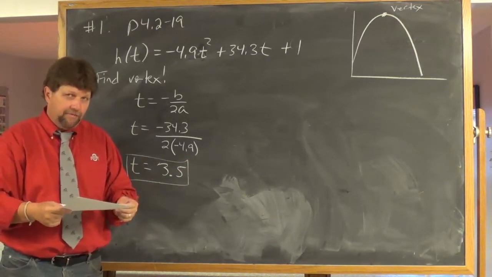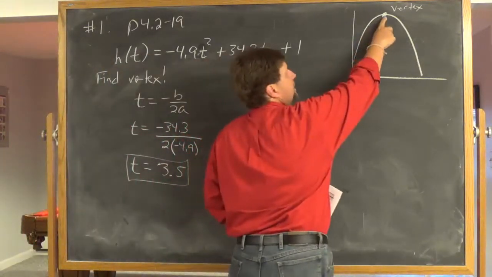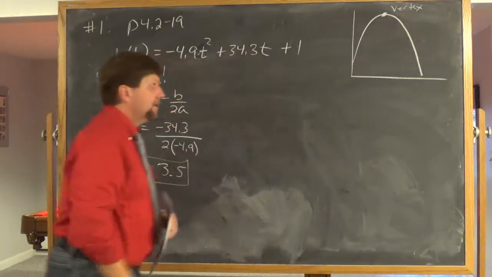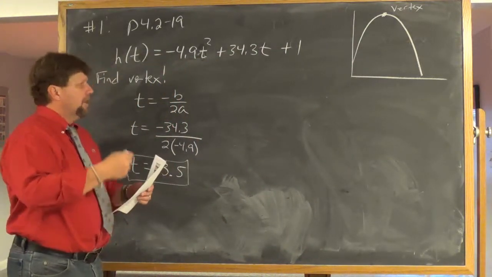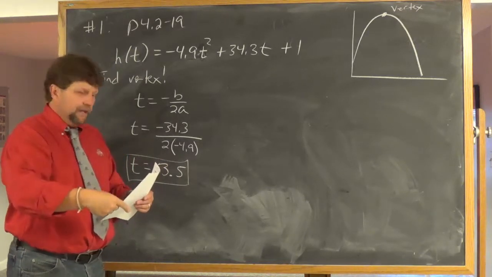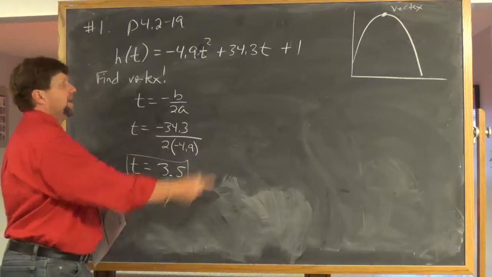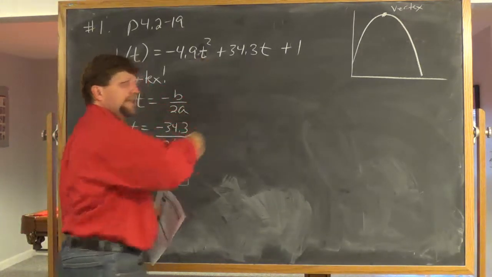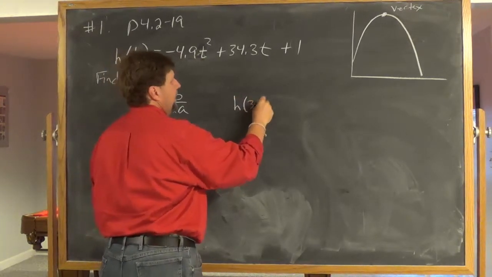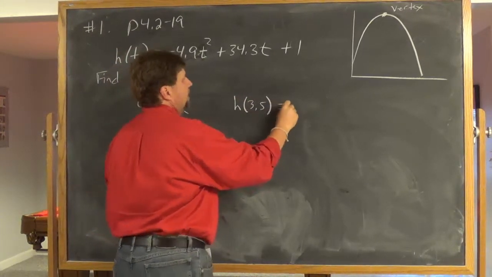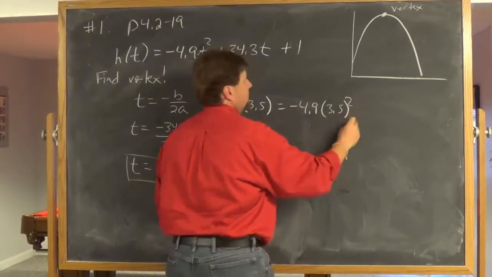It's going to be 3.5 seconds. That's what the t coordinate of the vertex is. So how do we get the y coordinate of the vertex? Just like we did before. We take this value of t, toss it in here for t to get the y coordinate. So basically we're just evaluating the function at 3.5. So I'll write down what that looks like.